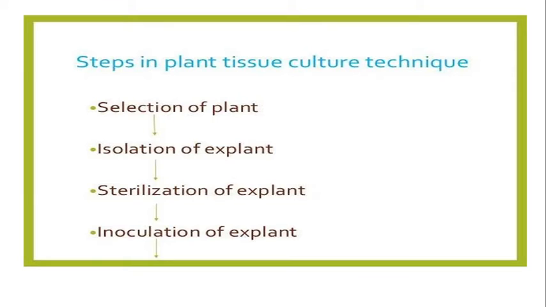After separation of these fragments, sterilization of the explant is done, so that the new species produced by this plant tissue culture technique is healthy and free from contamination and any diseases. For that reason, surface sterilization of the explant should be done.